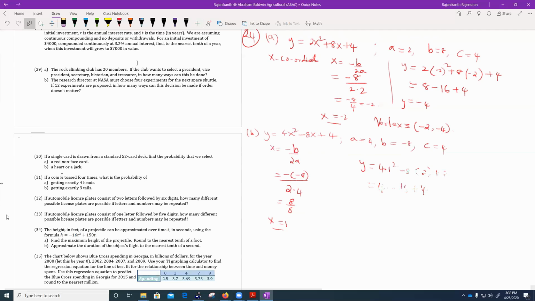Why am I plugging in 2? Correct, so x is 1. So that is 4 minus 8 plus 4, which will give you 0. Therefore, the vertex coordinate for this problem is 1, 0.